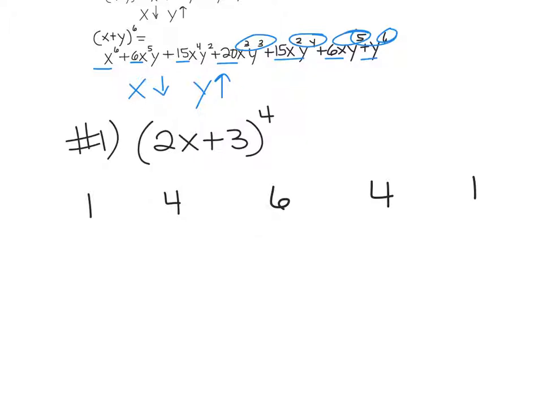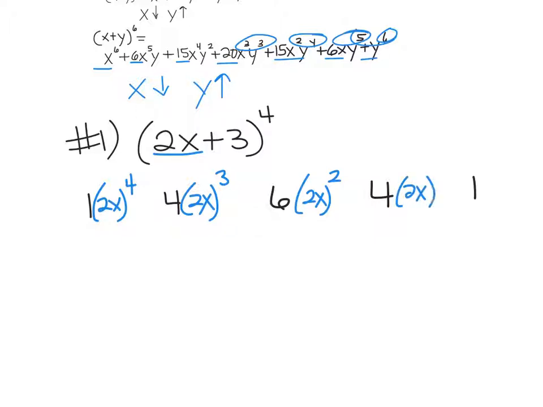And now what we're going to do is we're going to take the first term in your binomial, which is 2x, and 2x is going to be raised to the 4th power. And then 2x will be what? Cubed. 2x is then going to be squared. And then times 2x to the 1st power, which is just 2x. Okay?